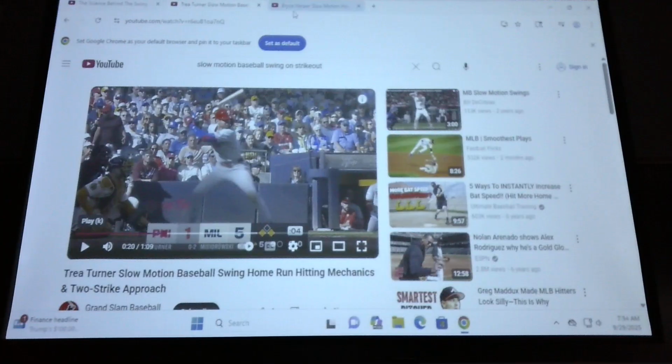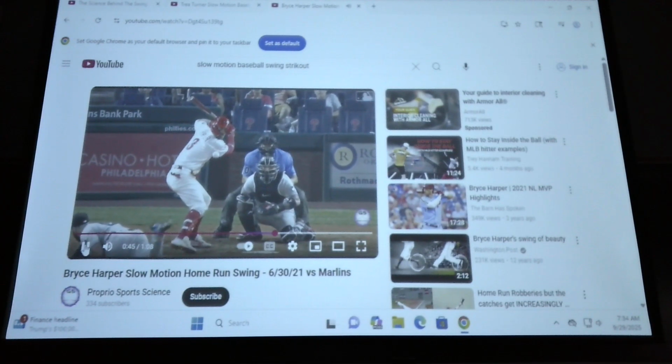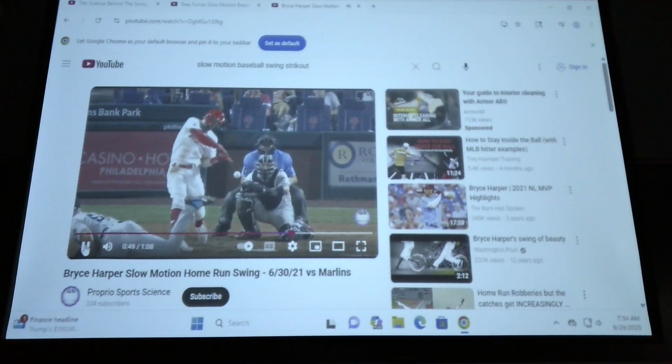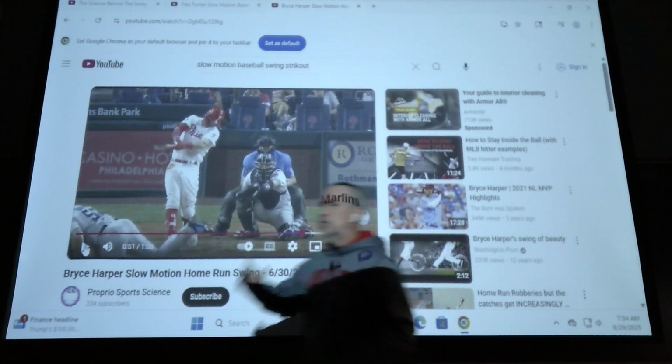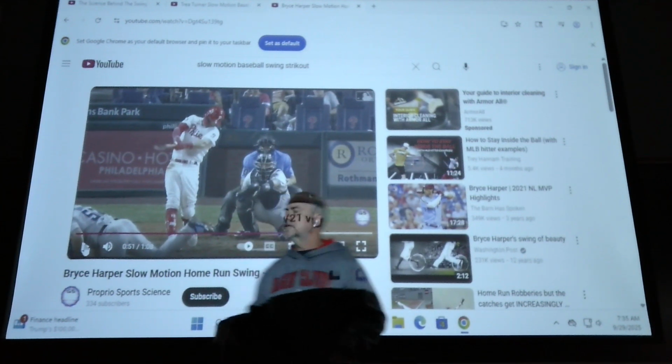And then I have Bryce Harper, one that I thought was cool because Bryce puts a little extra oomph. Transverse. Now, what Bryce does here is kind of cool. Remember we're talking about hip rotation with the pelvic girdle, if the hip is flexed.